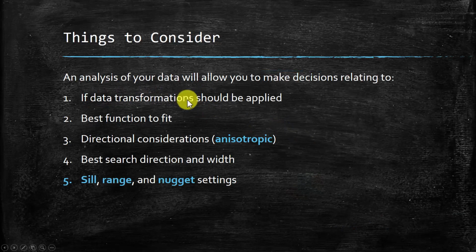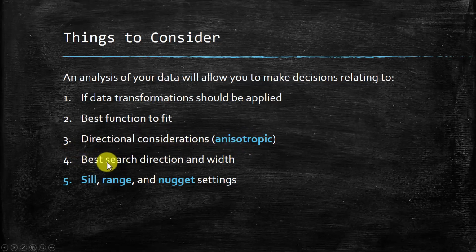Okay, so things to consider. An analysis of your data will allow you to make decisions relating to, one, if data transformations should be applied, so whether you want to square, exponential, or log transform; two, the best function to fit the global trends, linear, square, cube, whatever; and three, if there are any directional trends in the data, to model the local trends.